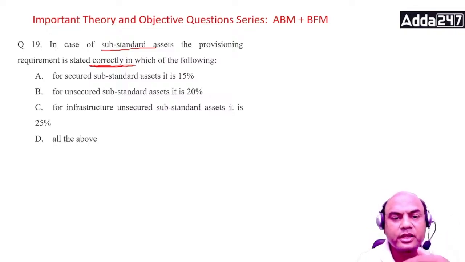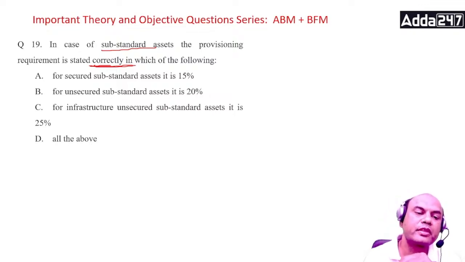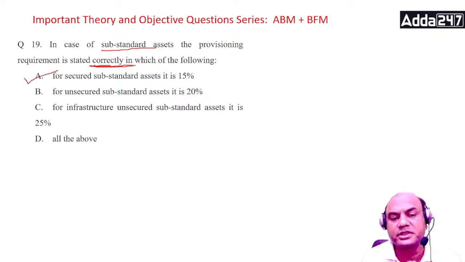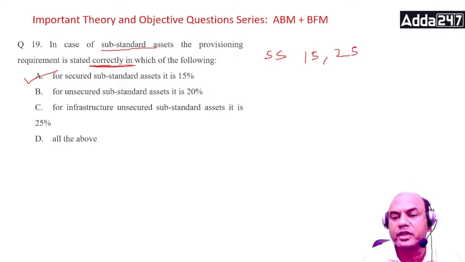Some time back only in the same lecture. The answer is, for substandard assets, it is 15%. So what is the provisioning? Look at this substandard. Again I'll write it, 15, 25, right? 15 for secured, 25 for unsecured.